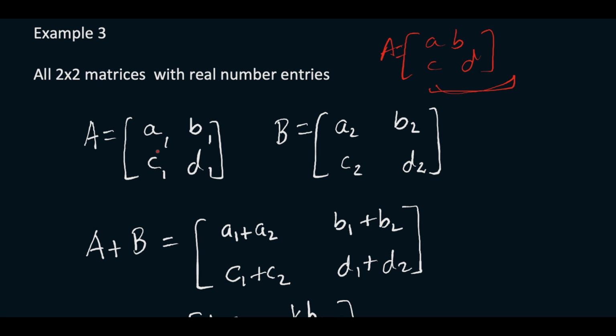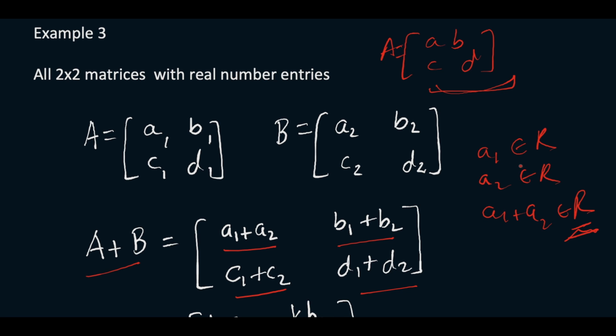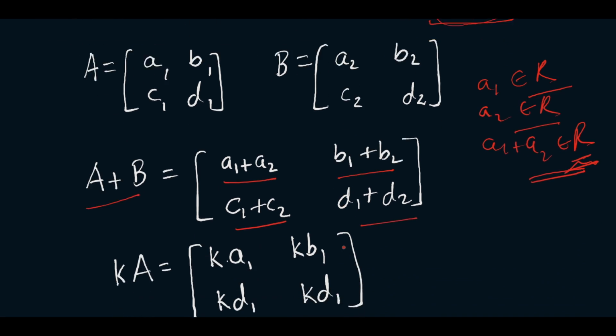Consider this A as a1, b1, c1, d1, and this B as a2, b2, c2, d2. Now when you add those two matrices, you get a1 plus a2, b1 plus b2, c1 plus c2 and d1 plus d2. Since a1 is in R and a2 is in R, a1 plus a2 will also be in R. Similarly, all other numbers will also be in R.